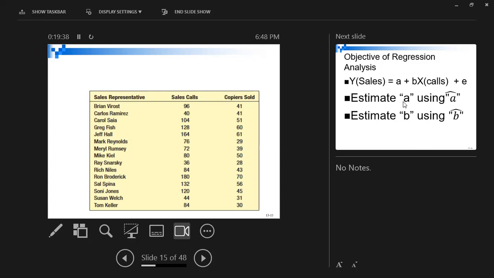And then we calculate the test statistic, which is the estimate minus the null hypothesis value, divided by the standard error of B. And so the decision rule, as usual, is that if the test statistic is greater than or equal to the critical value, we reject the null hypothesis that B is equal to 0.